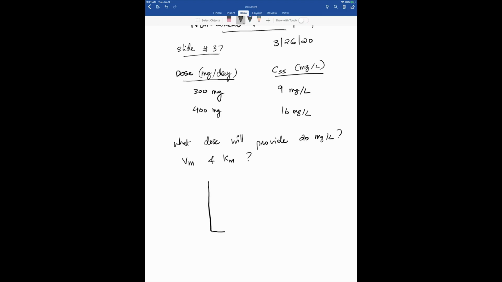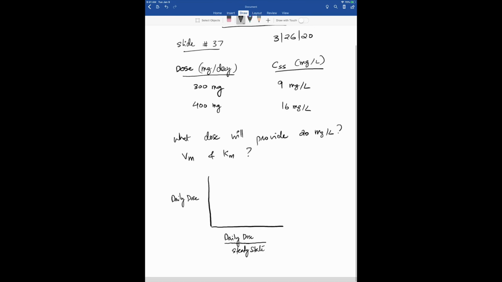You have daily dose divided by steady state on the x-axis, and the daily dose on the y-axis.